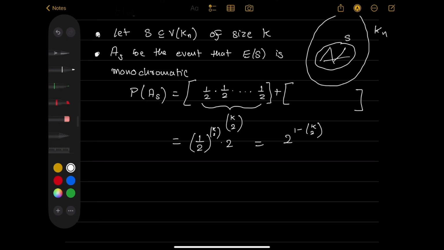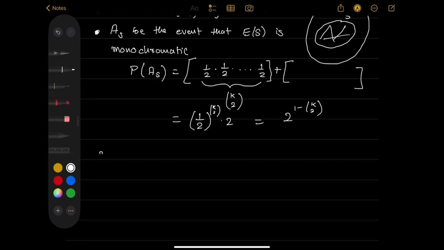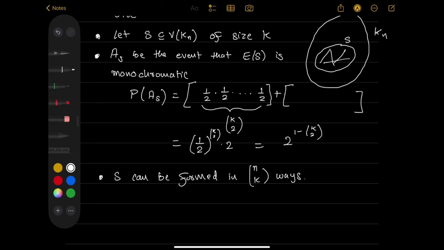Now the set S has cardinality k. How many such sets S can there be? S has k elements, so S can be chosen in n choose k ways. And if in any of these S we find a monochromatic one, then our job is done.